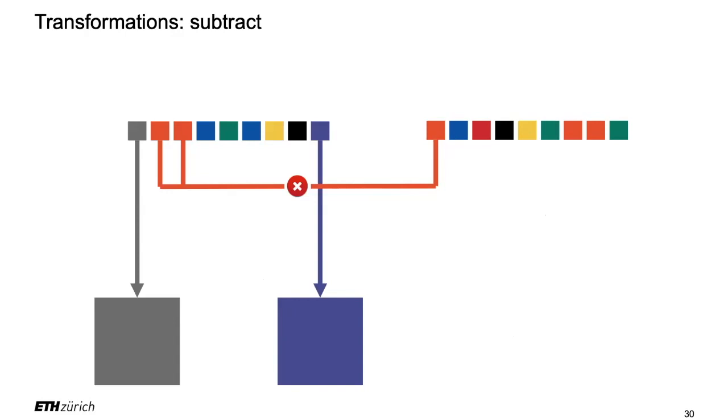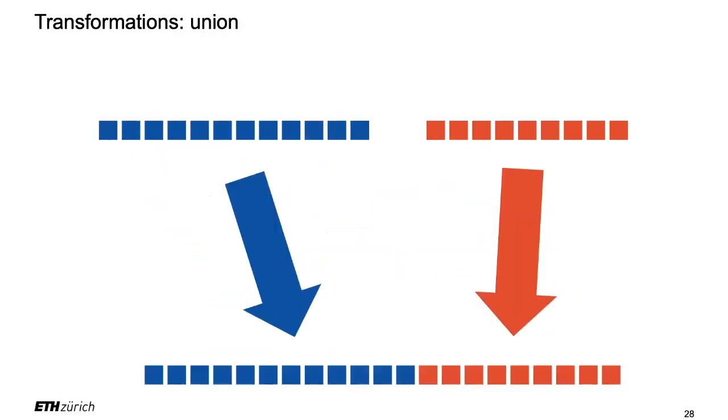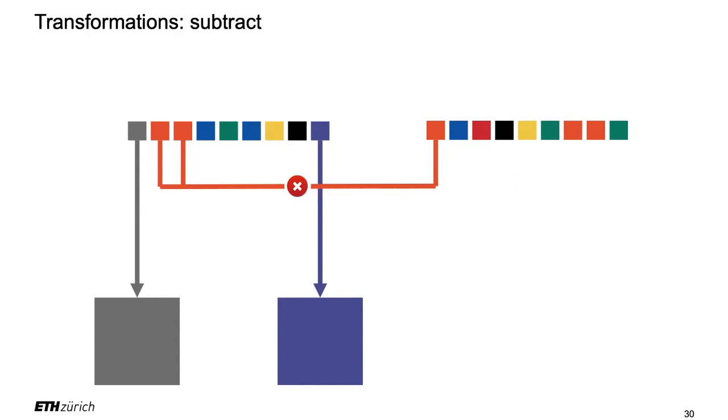In fact, that might not be new to you because these three, union, intersection, subtract, are kind of always the same. In SQL, for example, you typically have union, intersection, and subtract. So these three kind of always go together, right? If you have one, you have the three of them, okay?